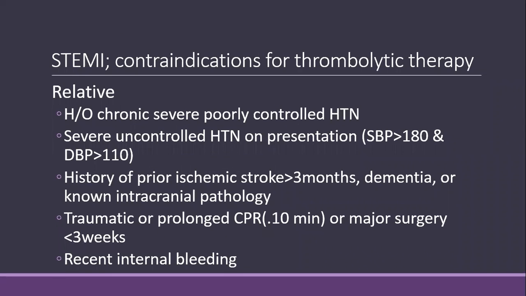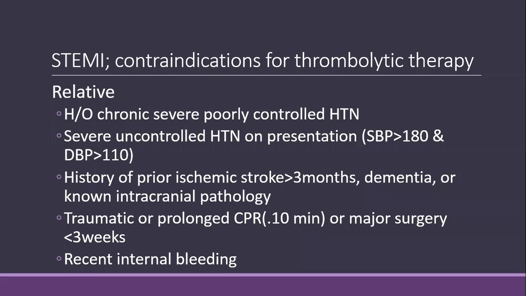And there are certain relative contraindications to thrombolytic therapy. Means you can give thrombolytic therapy, but there are certain limitations. So any history of chronic severe poorly controlled hypertension, and those patients who have blood pressure at presentation of more than 180 systolic and more than 110 diastolic, you can treat this blood pressure, then you can do the therapy.